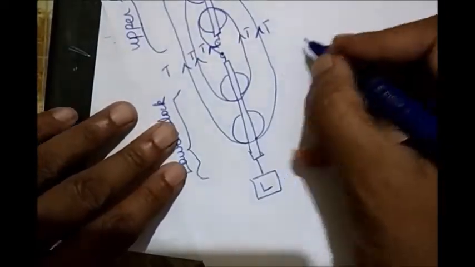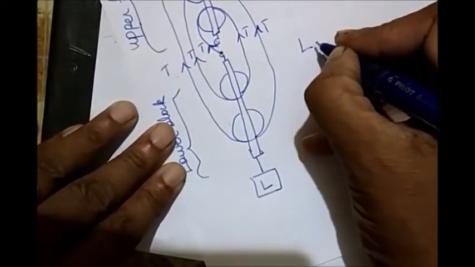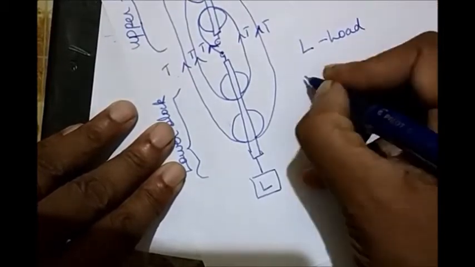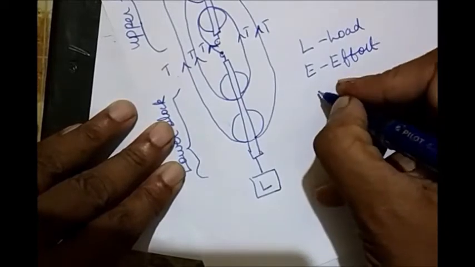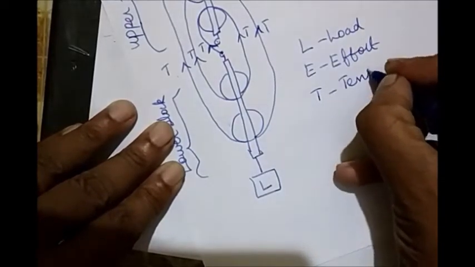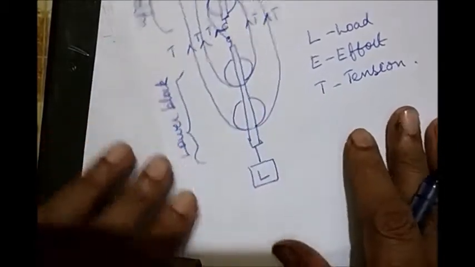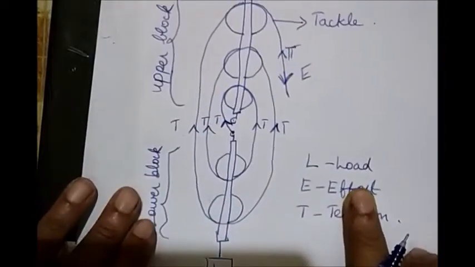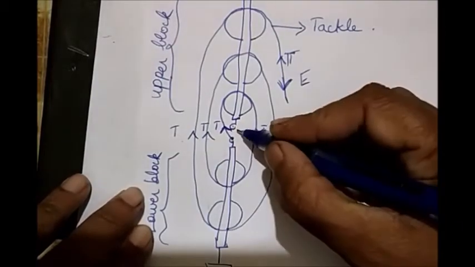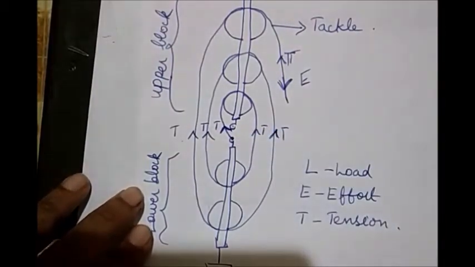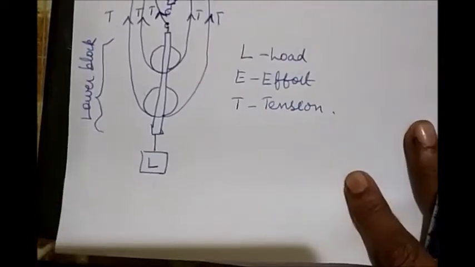Then below the diagram you can mark L is load, E is effort, and T is tension. These labelings are expected from you, so don't forget to do that. And please don't join these two hooks, that will be wrong.